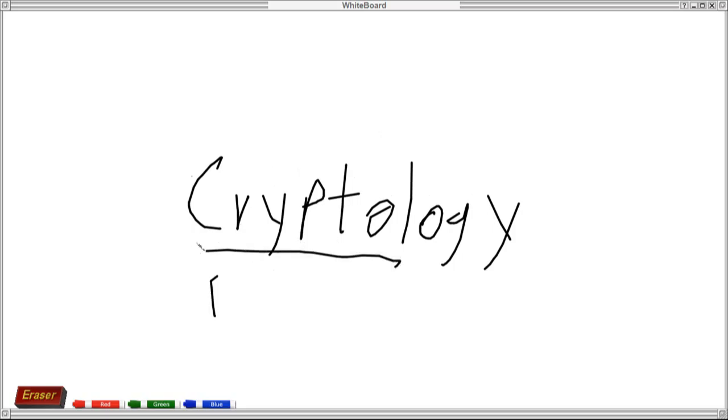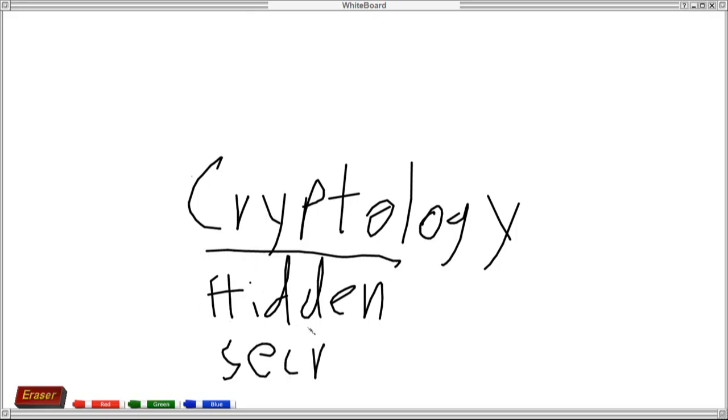Now the word crypto is a Greek word, which usually means hidden or secret. And logy is relative to logic, which is also relative to knowledge.